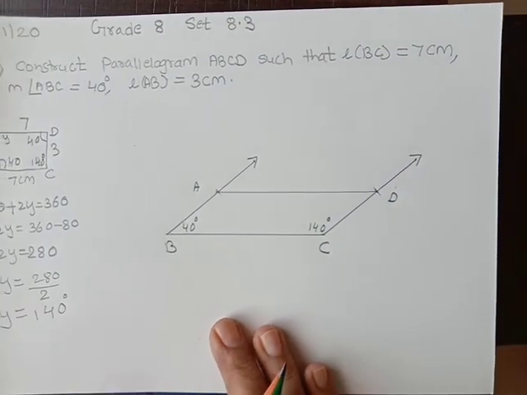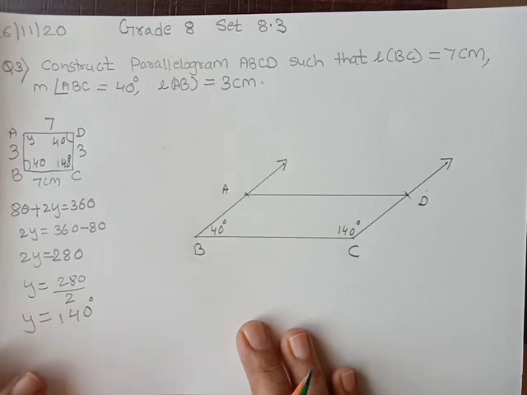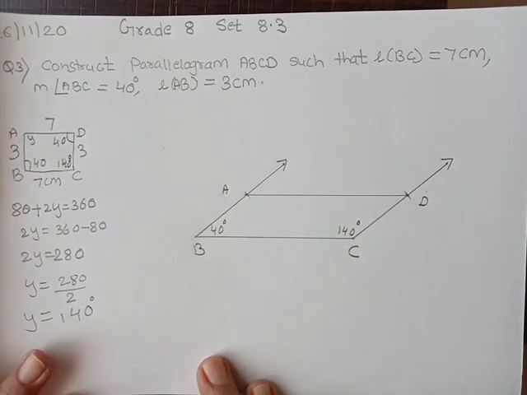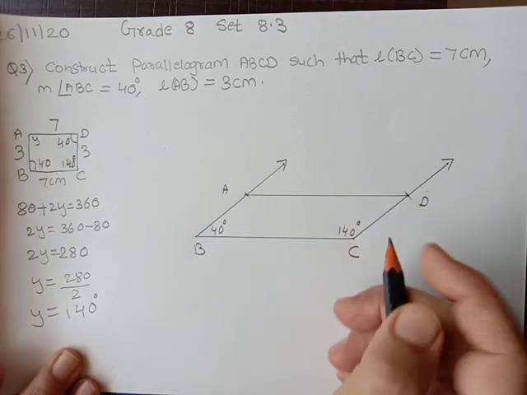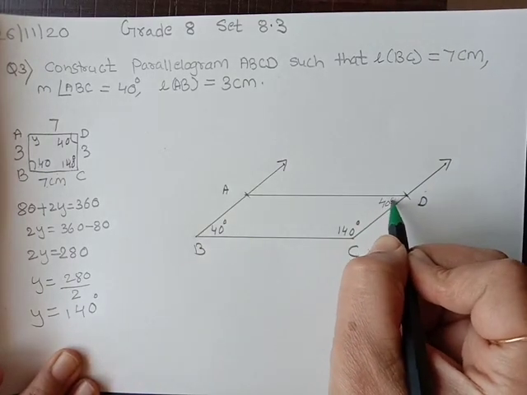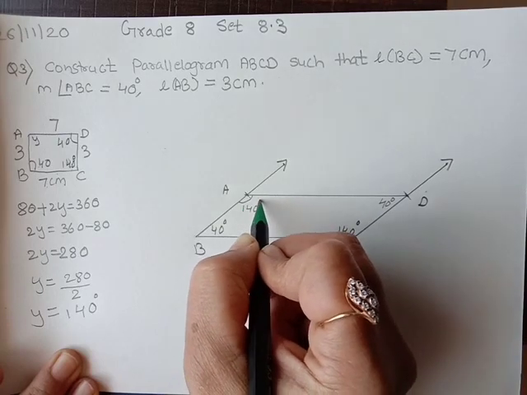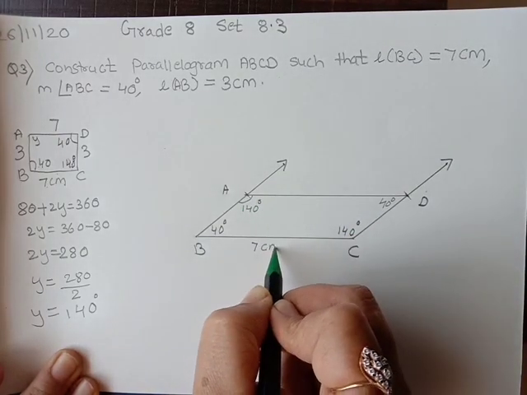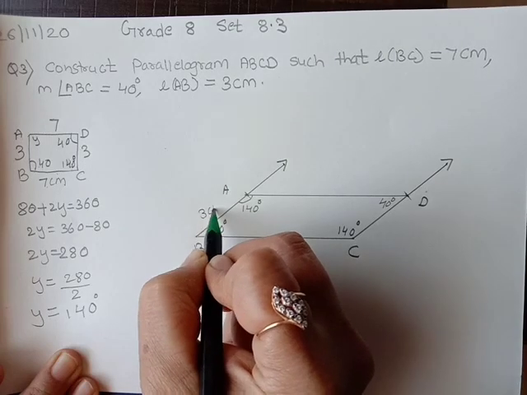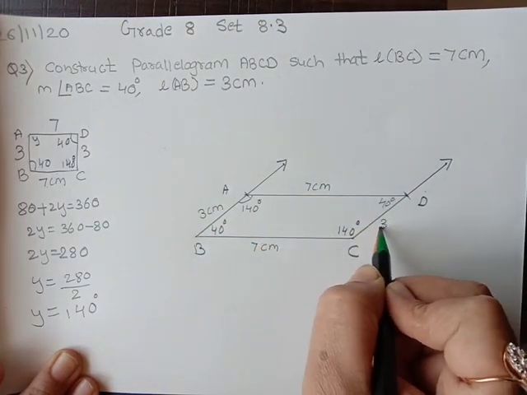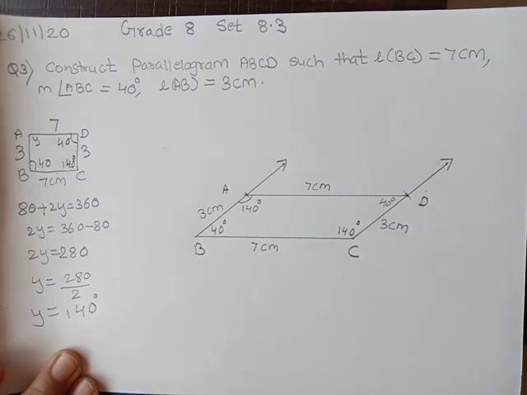I hope you have understood the construction. Opposite angles, that means this also will be 40 degrees. This will be 140 degrees. This is 7 centimeters, this is 3 centimeters. This also 7 centimeters, 3 centimeters. So this completes your construction.